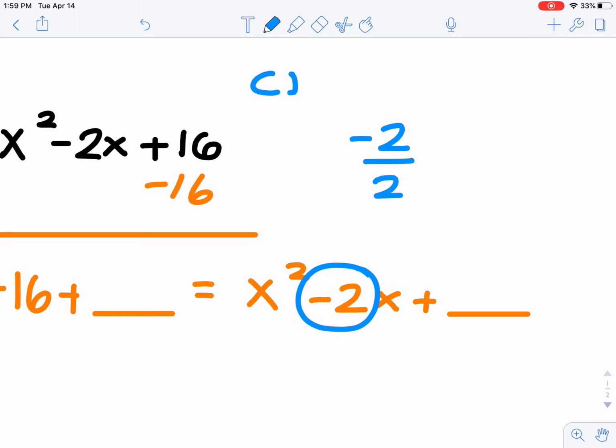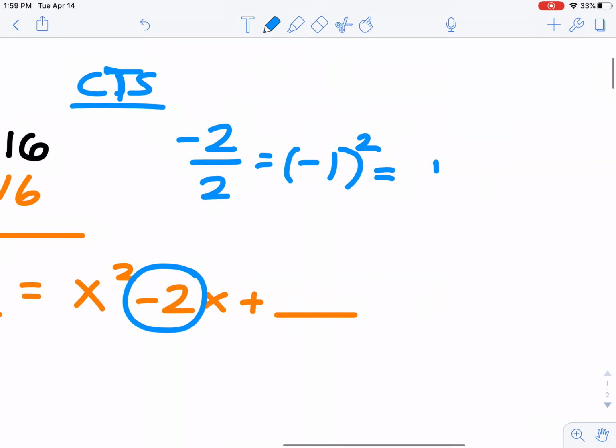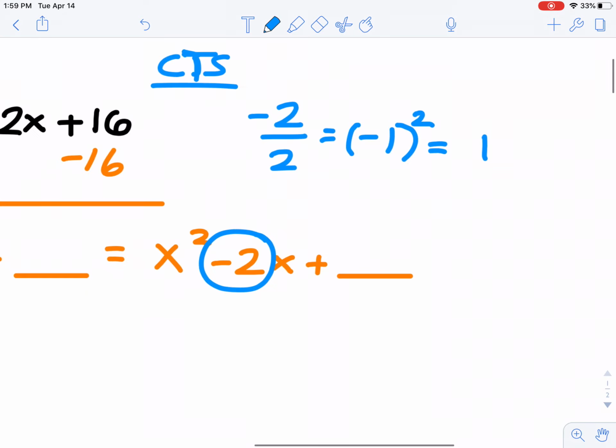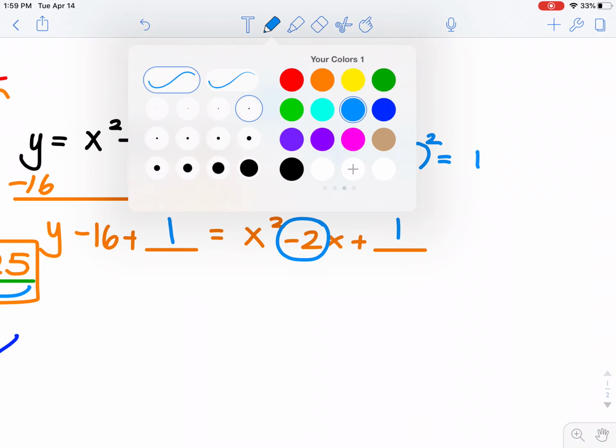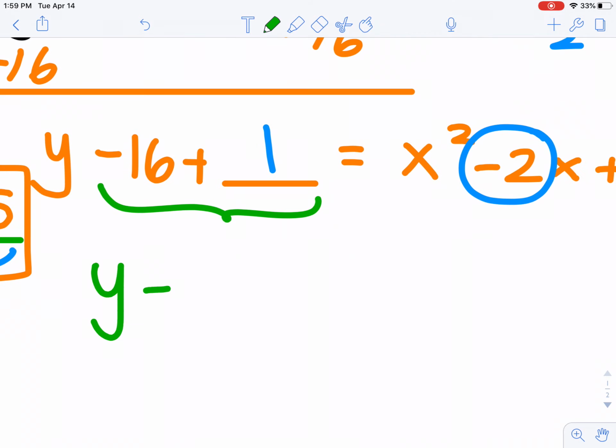This is the complete the square step. All right, -2 divided by 2 is -1, and then just square that. Now, when I square -1, it comes out to be just +1, okay? So +1 to both sides, that's the number I add in. Simplify. -16 plus 1 is -15.